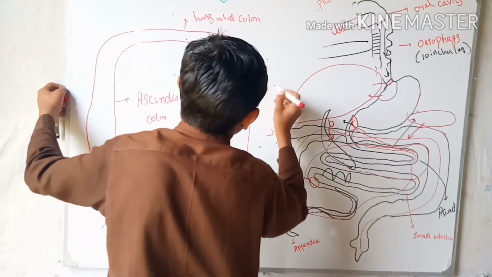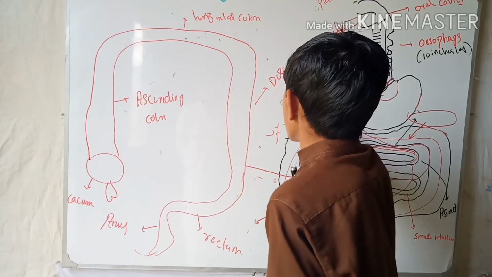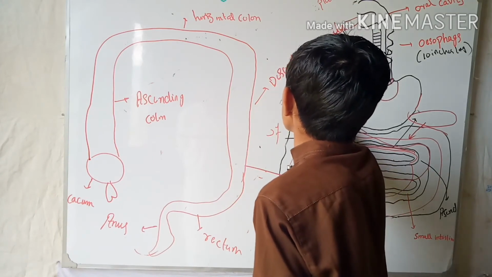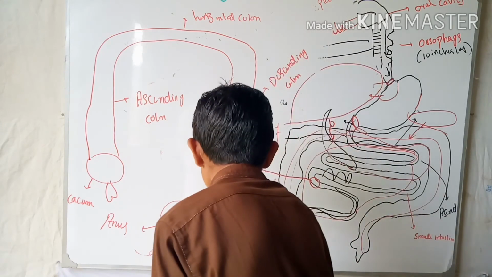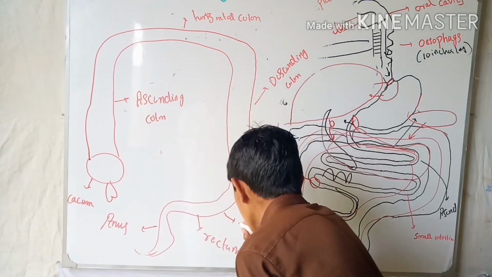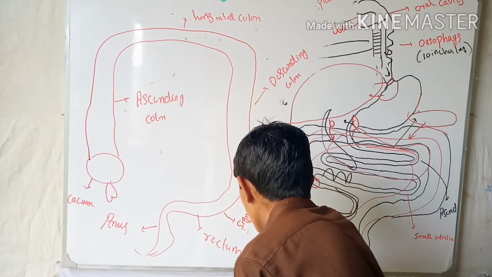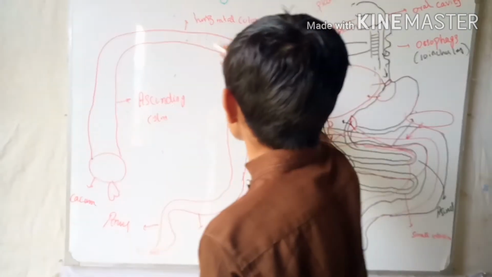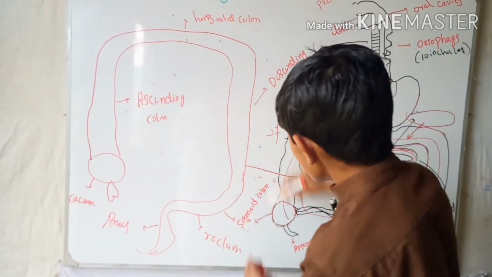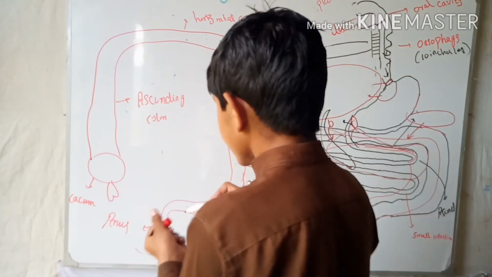This one is called the descending colon. And this one is called the sigmoid colon. So this is the ascending colon, the horizontal colon, the descending colon, the sigmoid colon, and this is the rectum, and this is the anus.